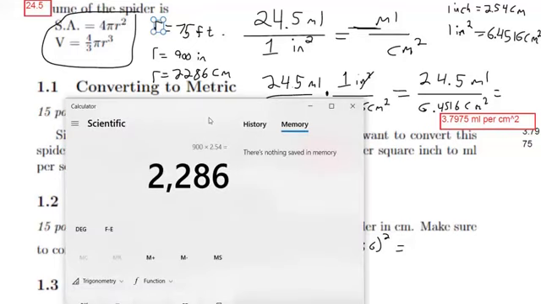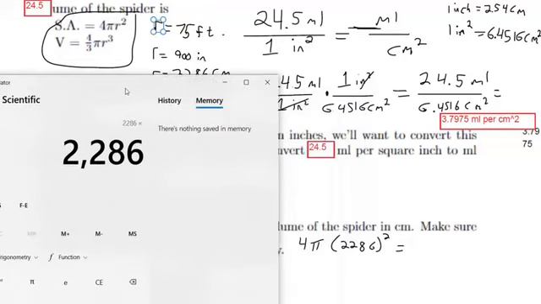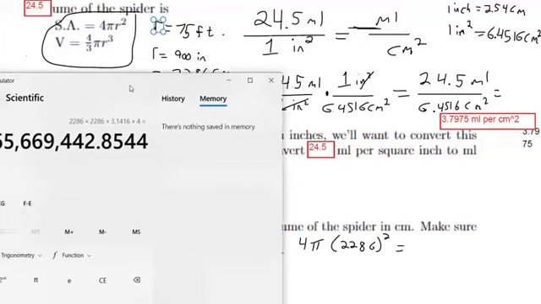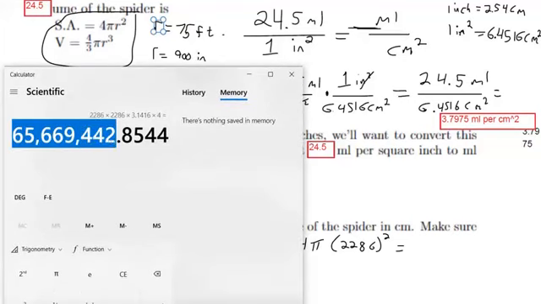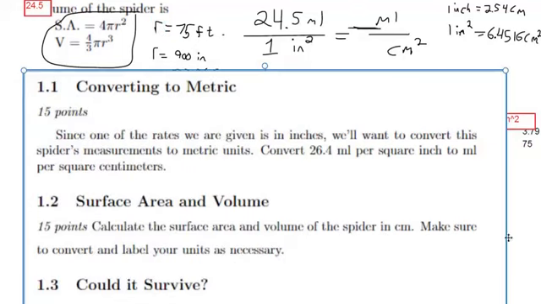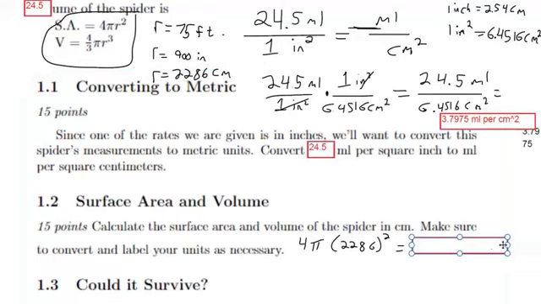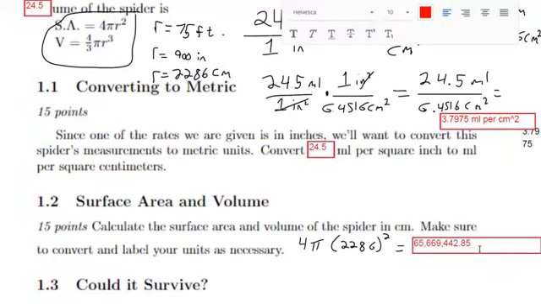With my calculator, I'll do the exponent first, multiply it by itself, then times 3.1416 as an approximation of pi, and then times 4. So looks like we got 65,669,000. And make sure to watch your units on this. That's centimeters squared.